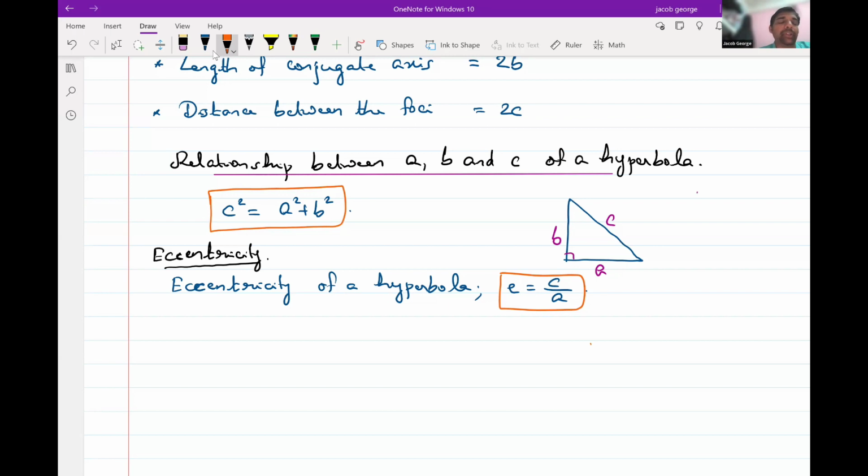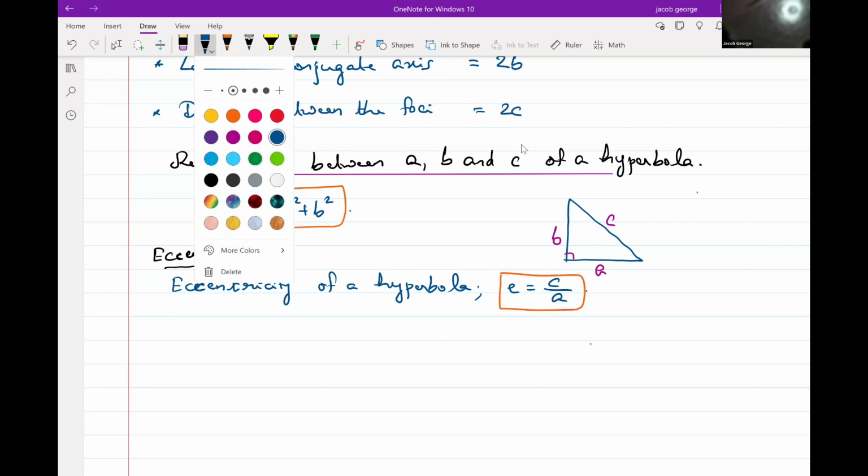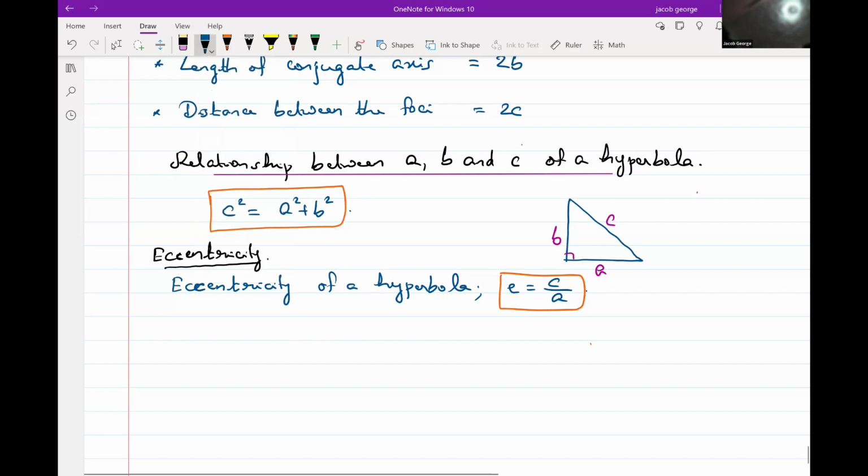But in hyperbola, C is greater than A. So in ellipse, eccentricity is less than 1, but in hyperbola, eccentricity is greater than 1. You're going to write that point. Eccentricity of a hyperbola is greater than 1. Reason: since C is greater than A.